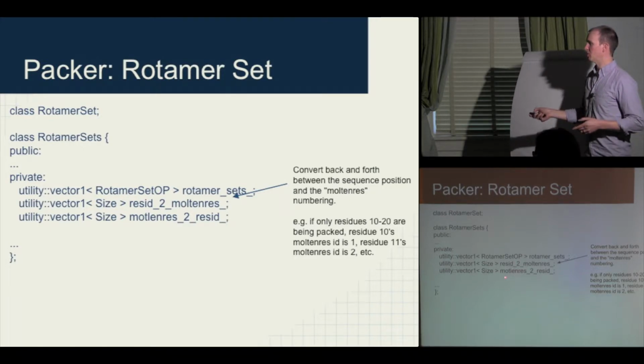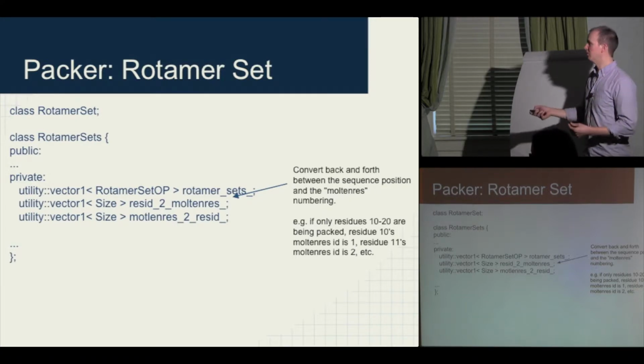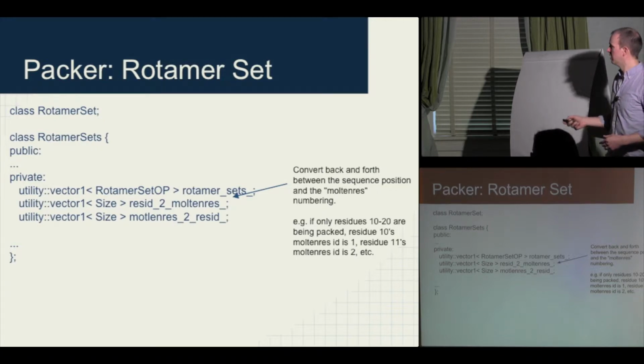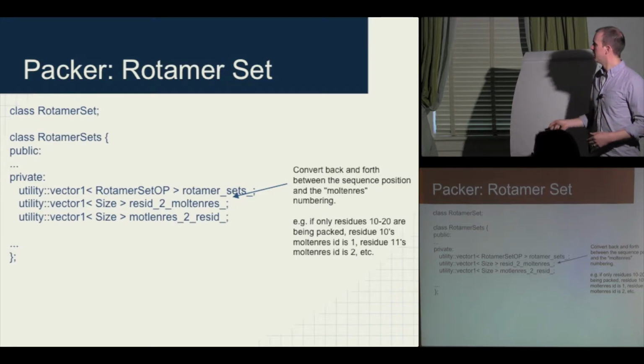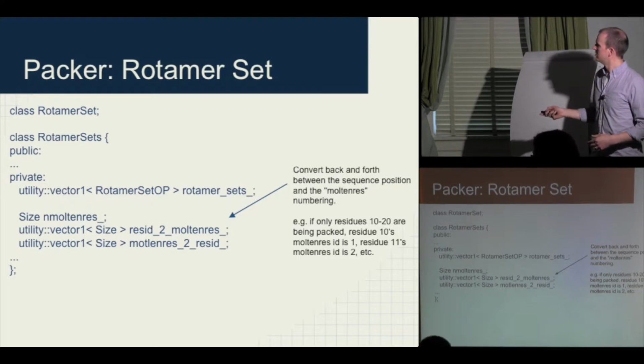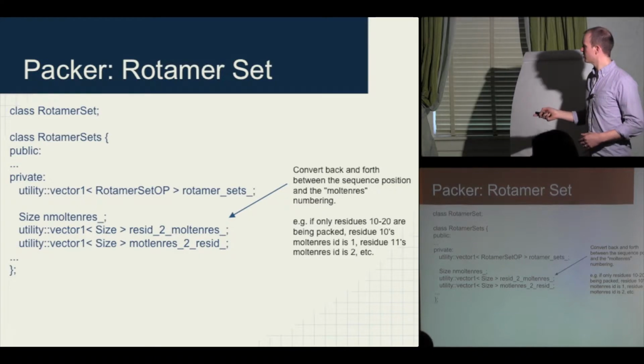Similarly, there's an array of size n molten res to res ID, which would map back from molten res 1 to position 10 in this hypothetical example. And there's that count of the number of molten residues.